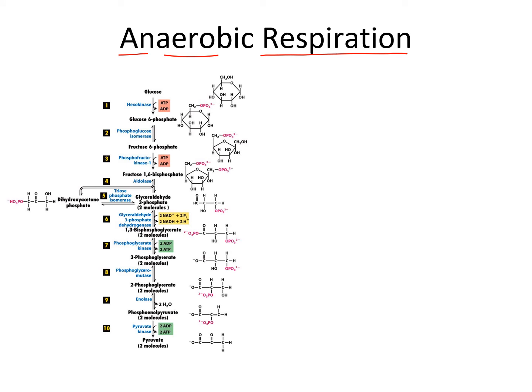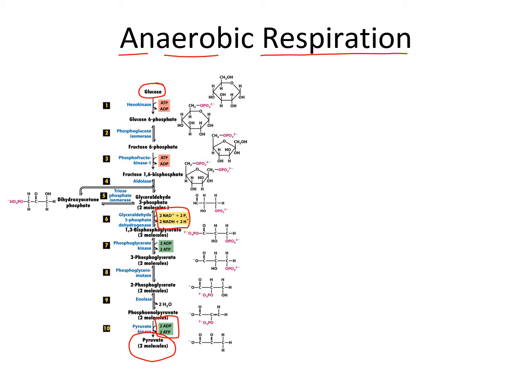Anaerobic respiration will start with glycolysis, just like aerobic respiration. So remember, glycolysis involves taking glucose and breaking it in half to form two pyruvic acid molecules. And in doing so, generate some electron carriers and also a net gain of 2 ATP.